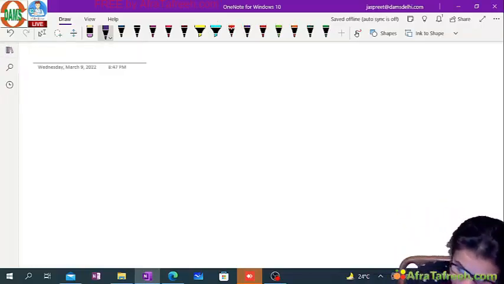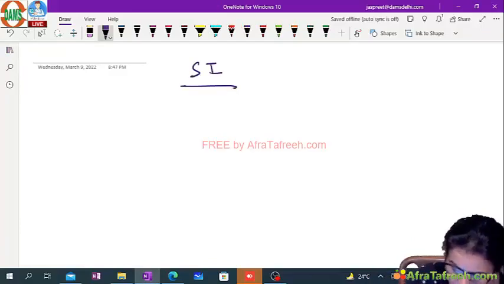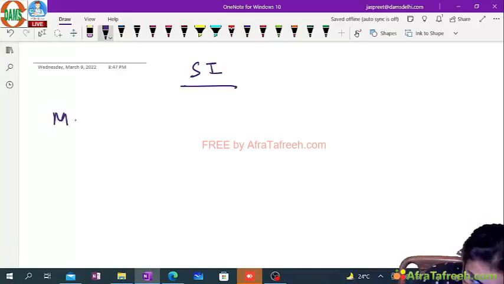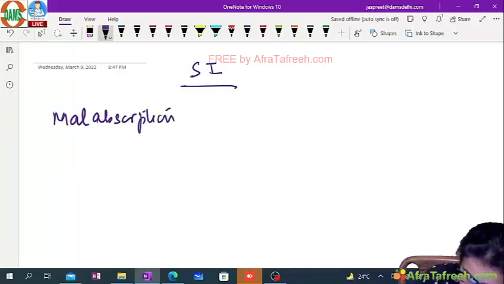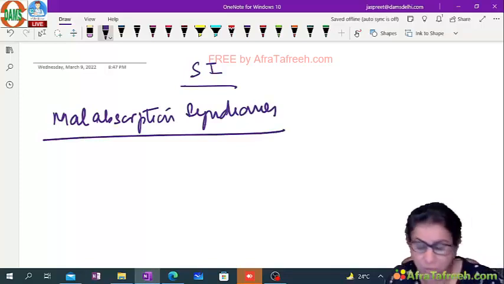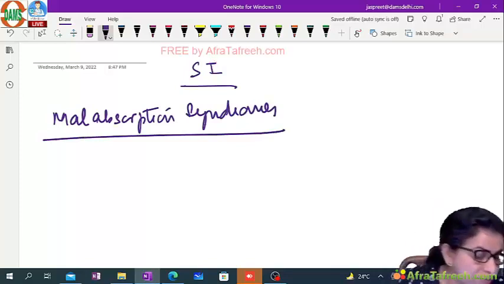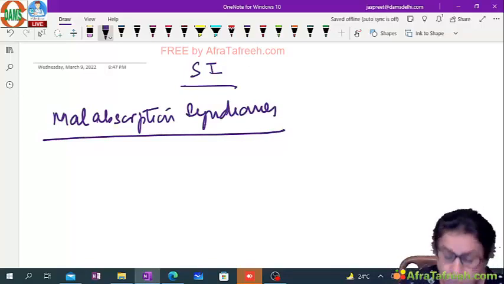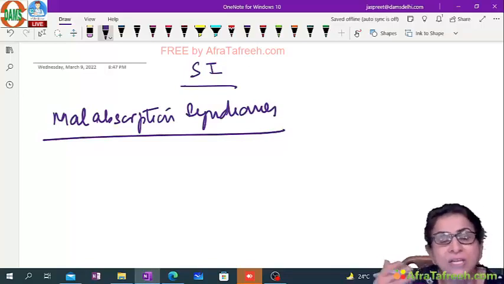Now let us come to the small intestine. In the small intestine, I'll talk about malabsorption syndromes, the causes of malabsorption. What is malabsorption? Malabsorption means the nutrients from the food are not getting absorbed.